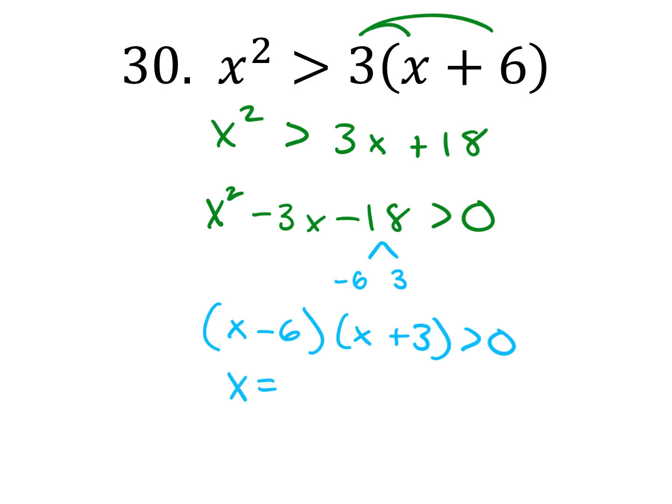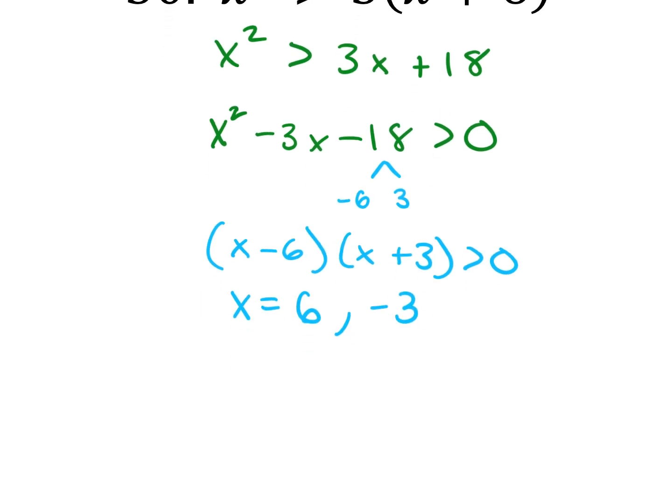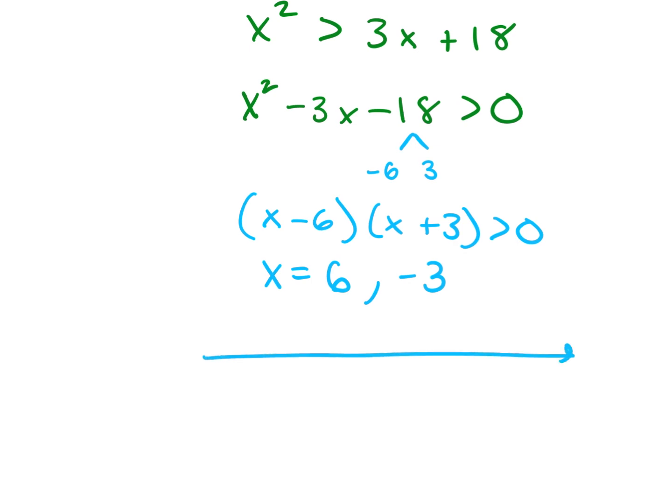So what does x equal? 6 and negative 3. So we're going to put those on our number line. So we have negative 3 and positive 6. What's the number in between negative 3 and 6? 0. So let's plug in 0 to test.